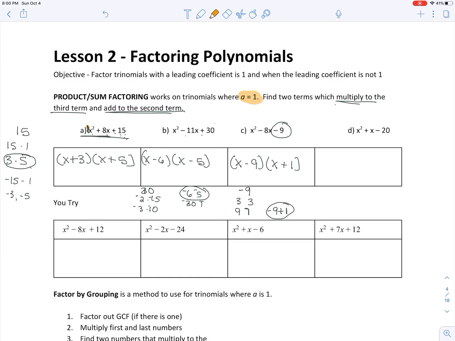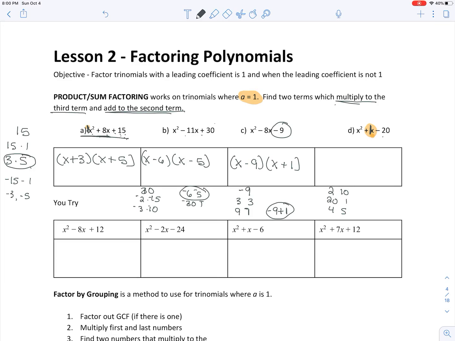Now, the next problem that we're going to do, sometimes kids get in trouble with this one because they don't know what we're looking for in the middle. But you have to remember that the coefficient here is 1. So we're trying to find two numbers that we can multiply to get negative 20 and add to get 1. The numbers I can multiply to get 20 are 2 and 10, 20 and 1, 4 and 5.